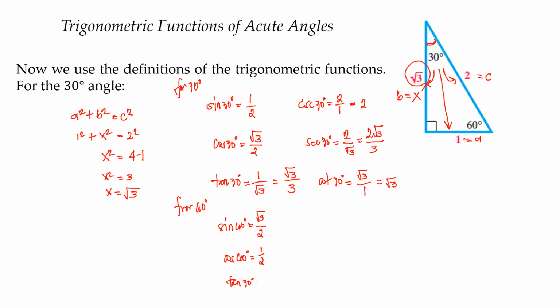Tangent 60, not 30, tangent 60 is square root of 3 over 1 or square root of 3.